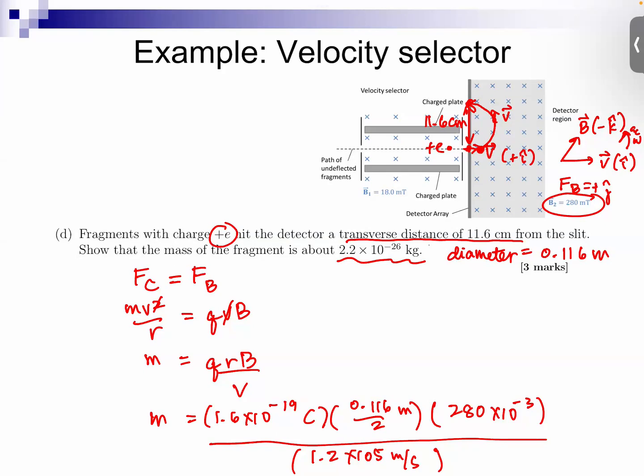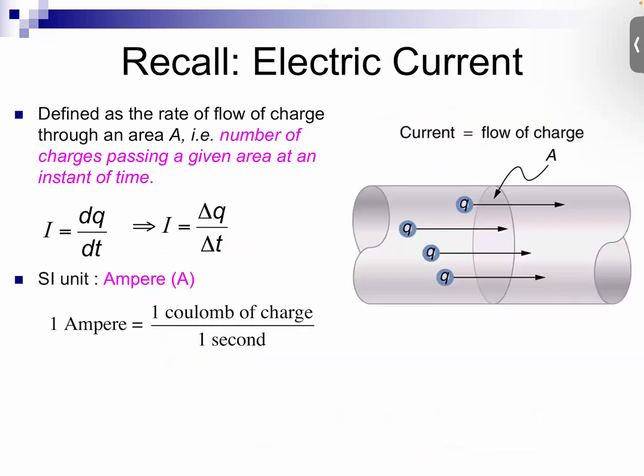Right, so these examples showed us that if you have a charge that's moving in a magnetic field region, that charge will experience a magnetic force. But we also learned that charges that move create currents. A current is nothing but a charge that's moving.